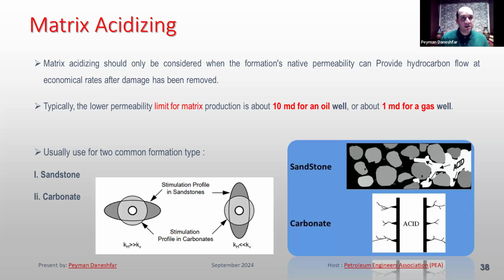Sandstone by itself has good porosity and also good permeability, but in carbonate we have lower porosity, but because of the natural fractures we may have better permeability. Typically, the lower permeability limit for matrix production is about 10 millidarcy for an oil well and 1 millidarcy for a gas well. But I think that for a condensate well, as well as an oil well, matrix is better for about 10 to 20 millidarcy.